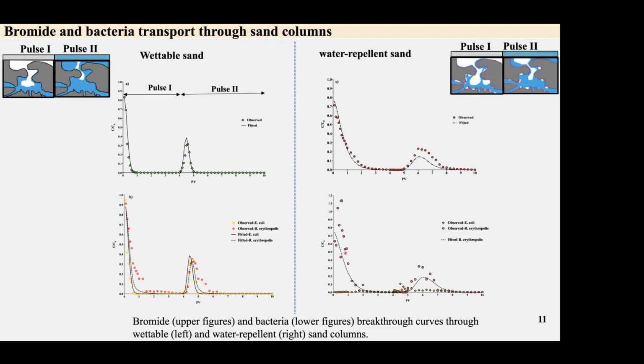This scatter increased for water repellent soil, but we were able to model Rhodococcus transport, though again the data are very scattered. However, we were not able to model E. coli transport.